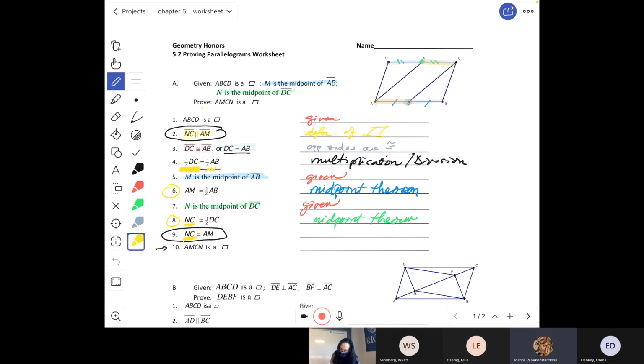Half of AB was AM. So that's half of AB. Do you see how I can just do substitution? And that gives me that AMCN is a parallelogram because we have shown that opposite pairs are congruent and parallel.